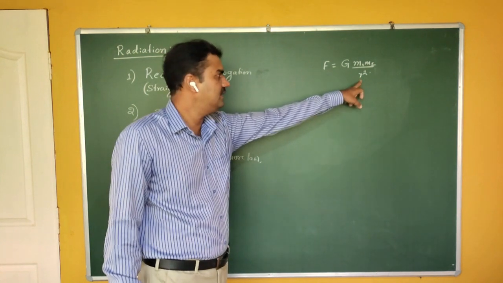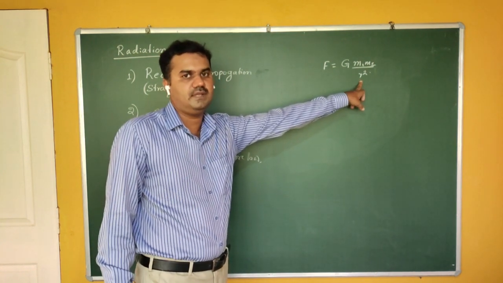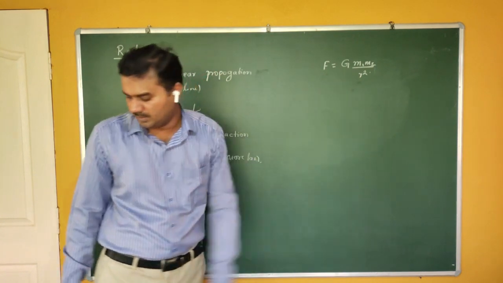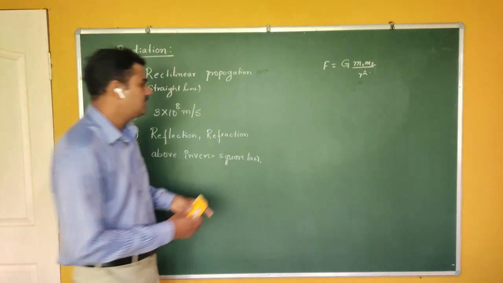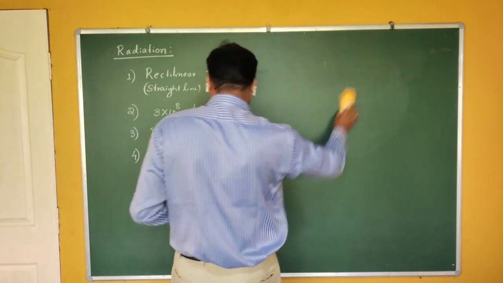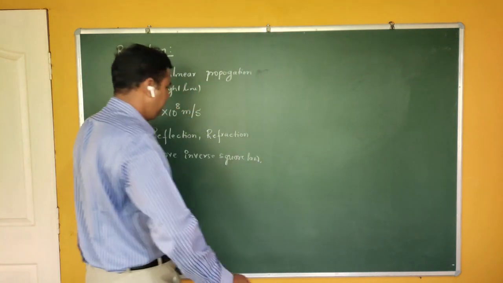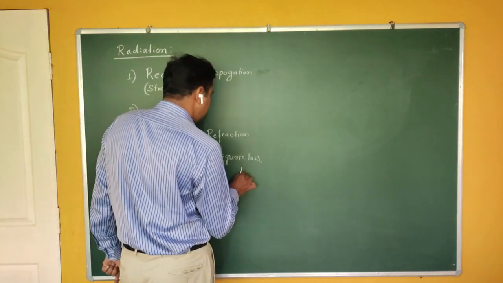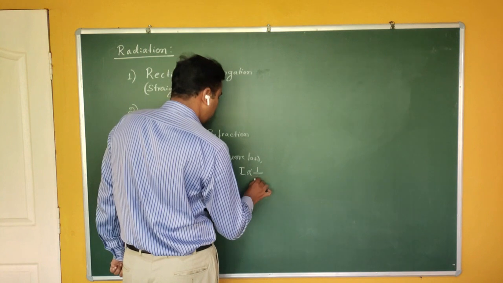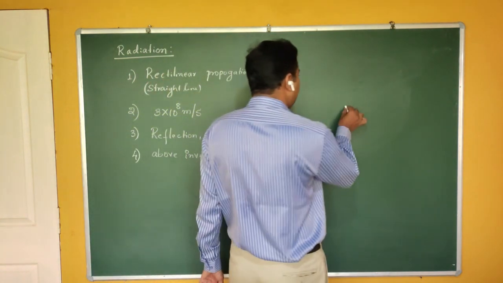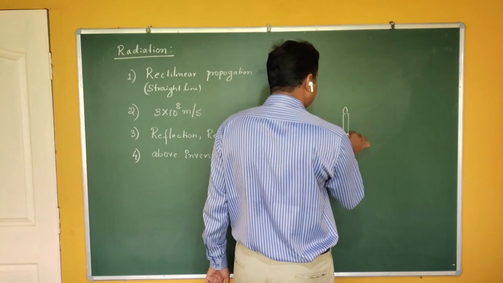It decreases by the square, so it is called the inverse square law. It is inversely proportional, and by the square of the distance. That is, intensity is inversely proportional to the square of the distance. You can see that if some candle is there.